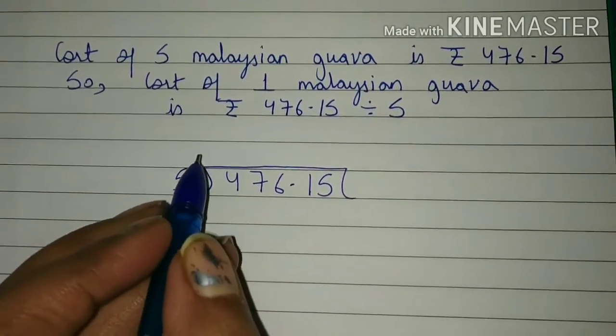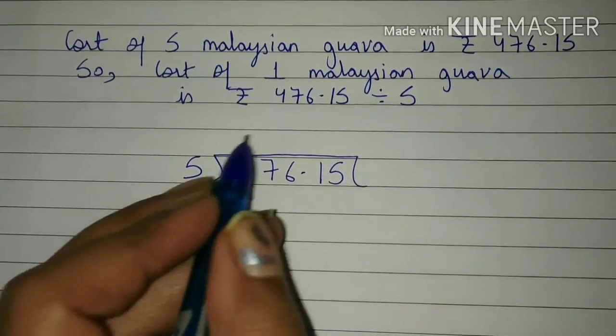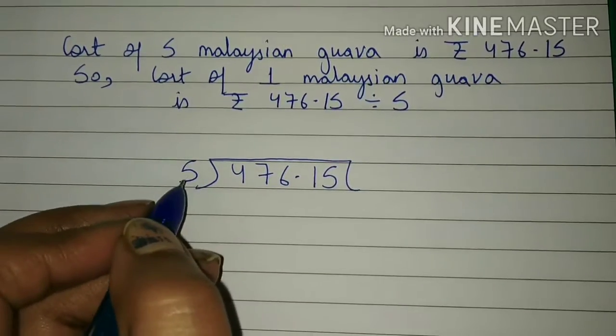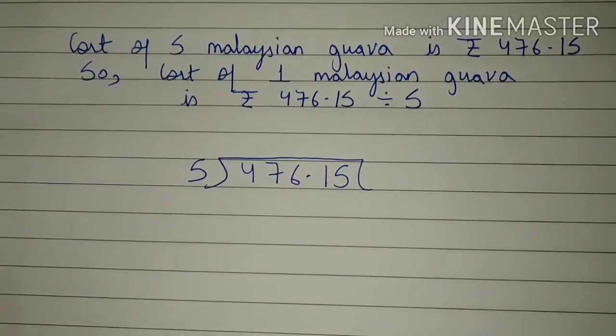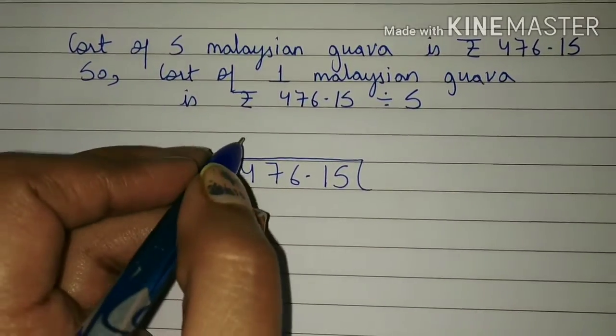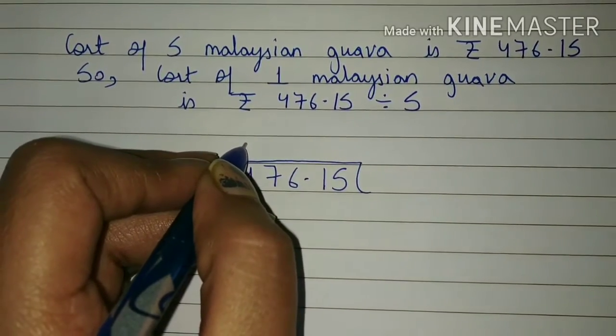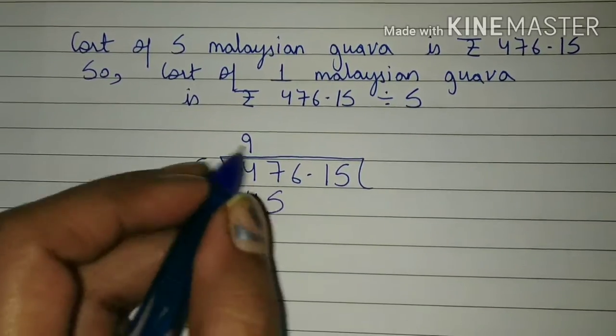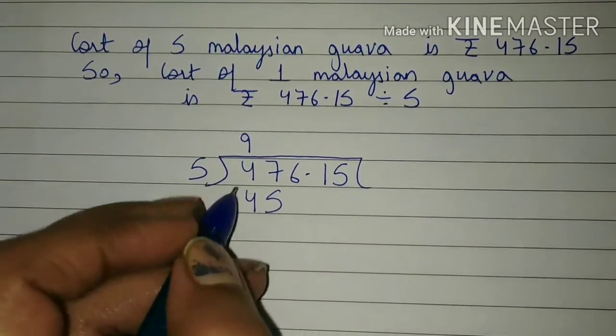Now students, we are going to divide 476.15 by 5. So 5 9 ja 45. So we will write 9 here and then 45 here, because 5 9 ja 45.